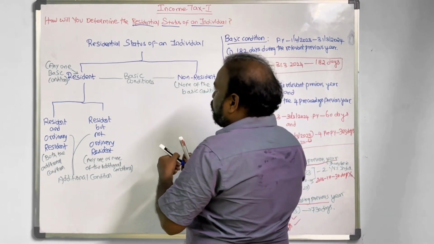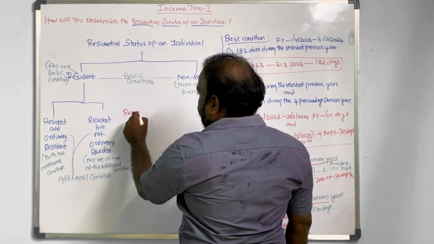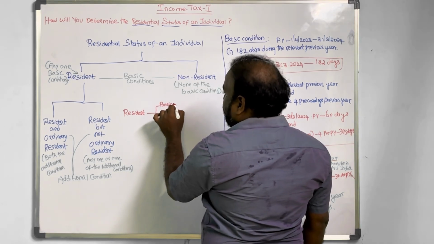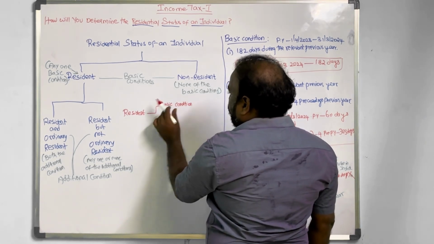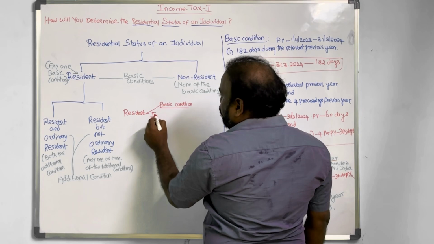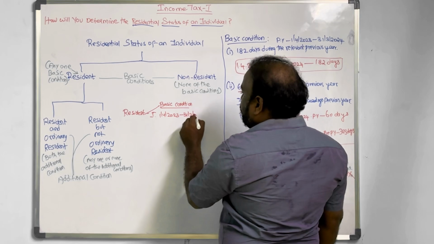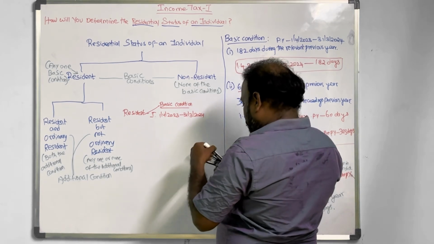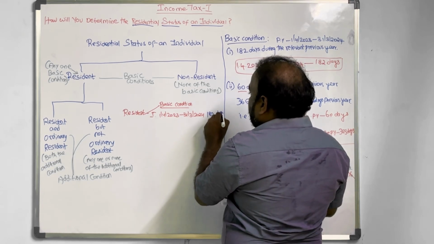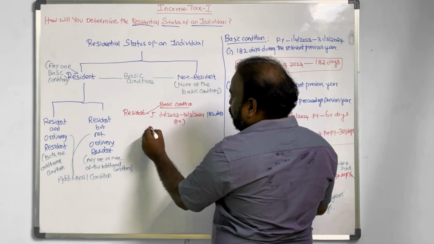In short, we come to the conclusion about a resident. The first basic condition: 1/4/2023 to 31/3/2024, he should be in India for 182 days. If a person is unable to satisfy the first basic condition, he can go for the second one.